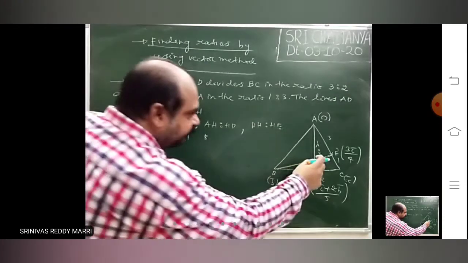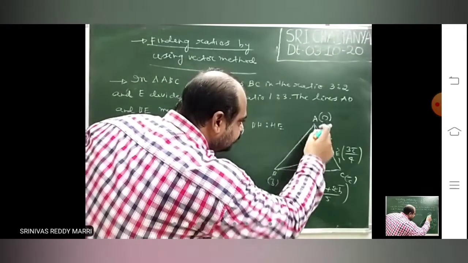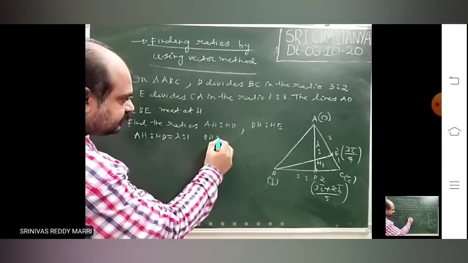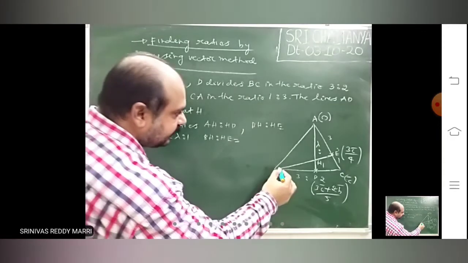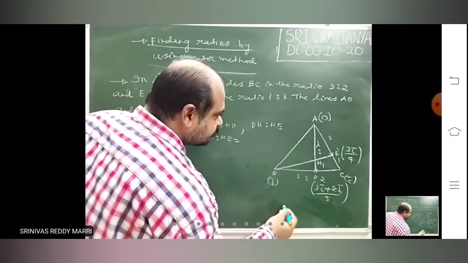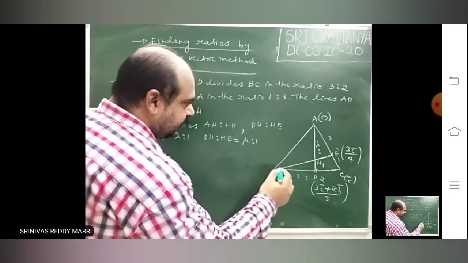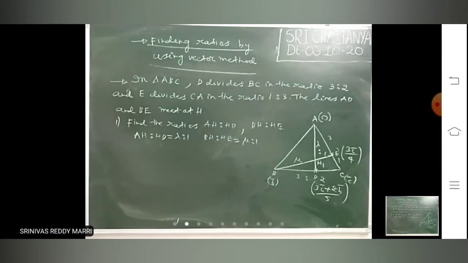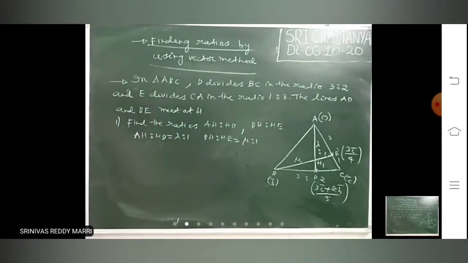Take the intersection point, for this type of problems, and BH is to HE is mu is to 1. This is the ratio he is asking to calculate.